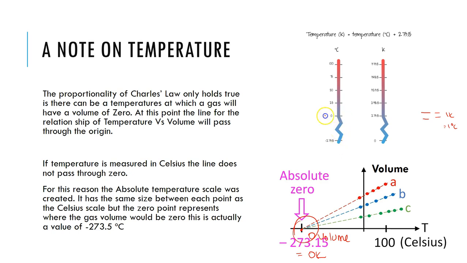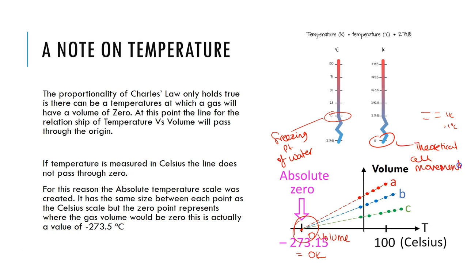Celsius 0 is defined as the freezing point of water, whereas absolute 0 is the theoretical temperature where all movement stops. We've got no kinetic energy, and an ideal gas has a volume of 0.